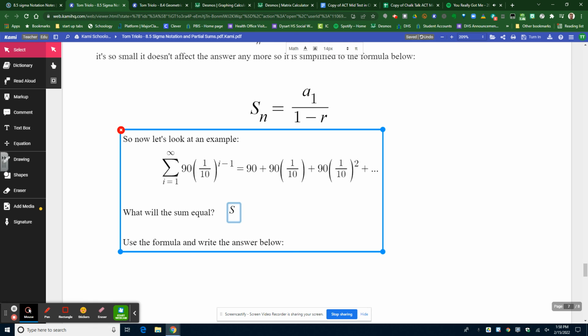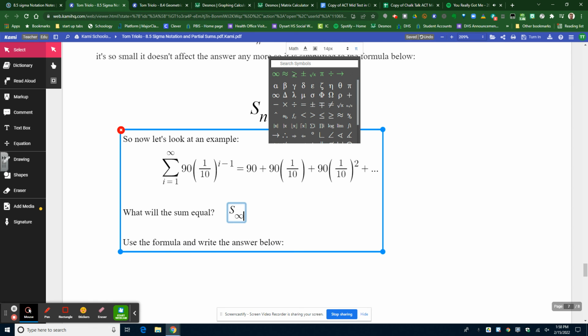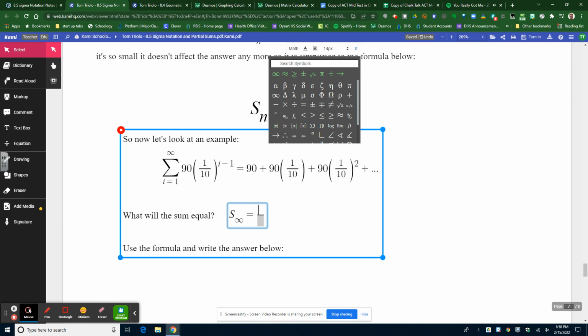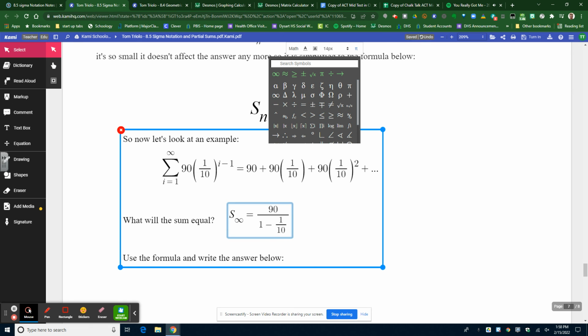Infinity. Equals a fraction bar. My first number is 90, because when I put a 1 in here, 1/10 to the 0 power is 1. Over 1 minus, what is my common ratio? I'll give you a hint. Look in the parentheses. 1/10. Okay. So that's equal to 90 divided by 9/10, because 1 minus 1/10 is 9/10.